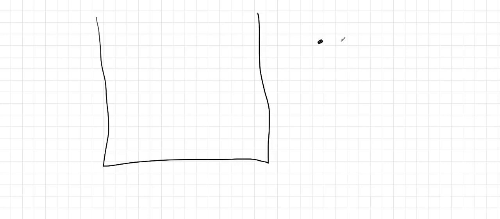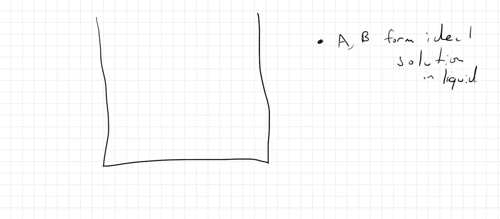Let's look at something where, and this is a really, really common scenario, we have A and B form an ideal solution in the liquid, but they're totally insoluble in one another in the solid phase.